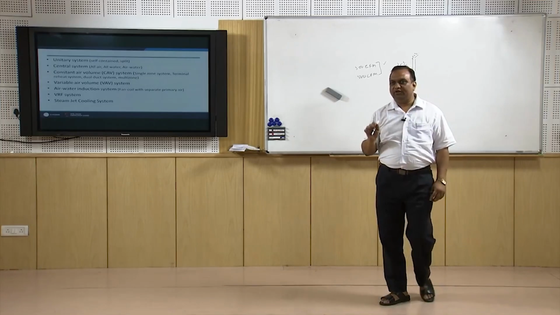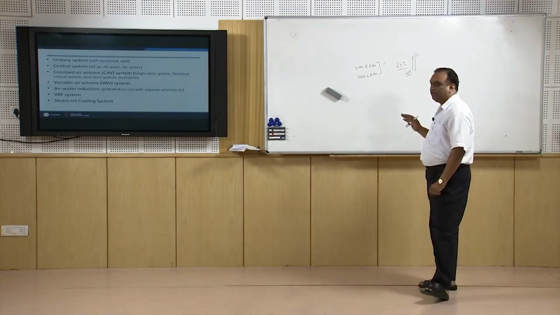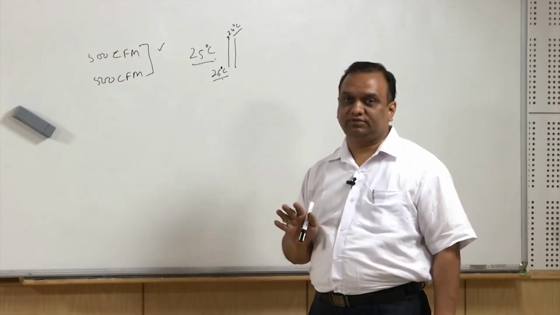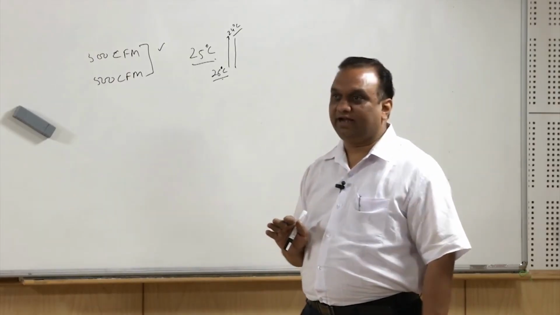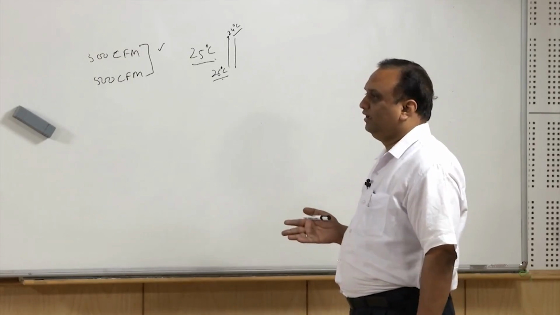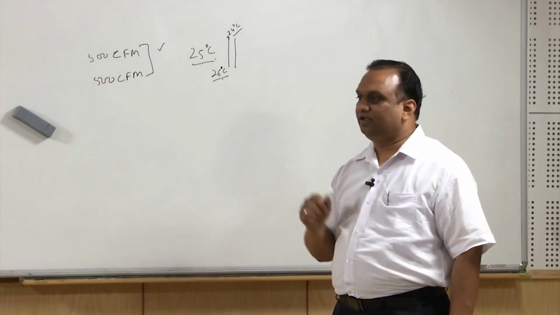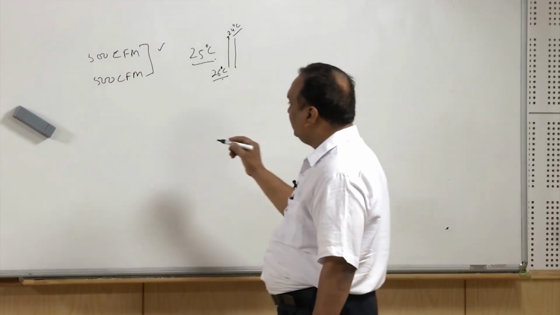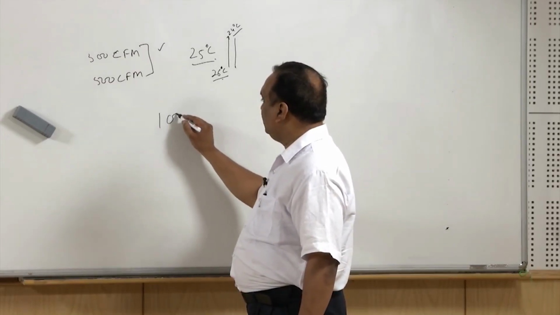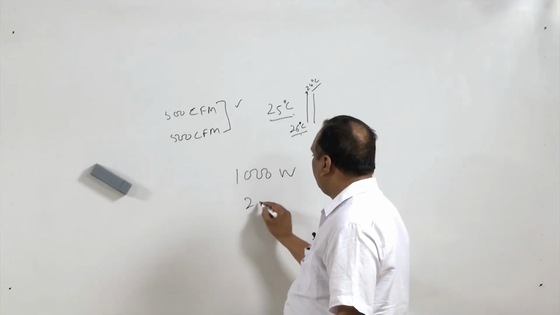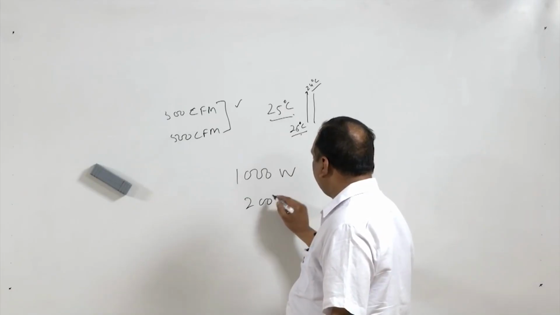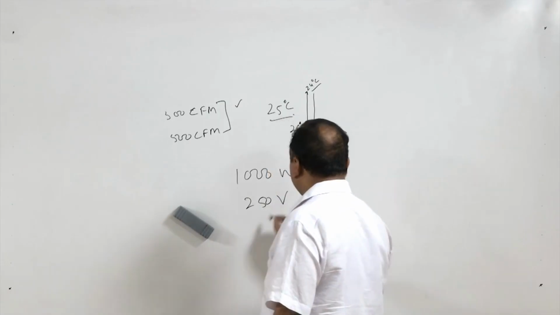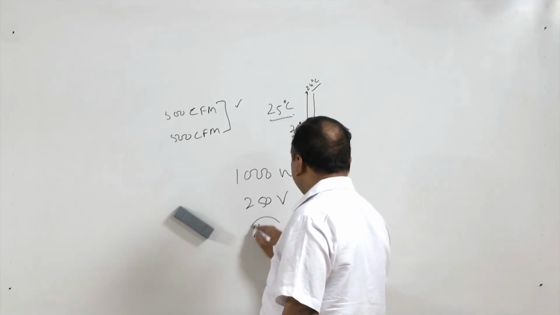Now in an air conditioning motor, the starting current is very high, approximately 3 to 4 times the normal current. That is why 15 ampere fitting is done for a window type of AC. Suppose a window AC has a 1 kilowatt motor. 1 kilowatt means 1000 watts, at 230 volts, or let us say 250 volts, so it is 4 ampere, right?